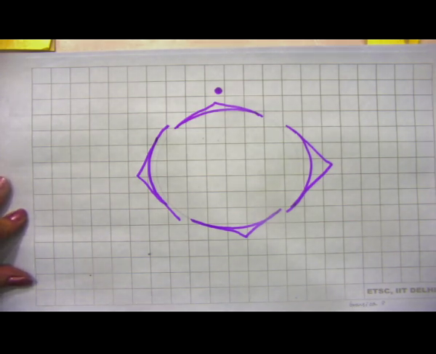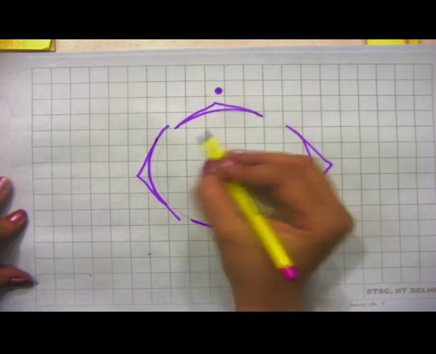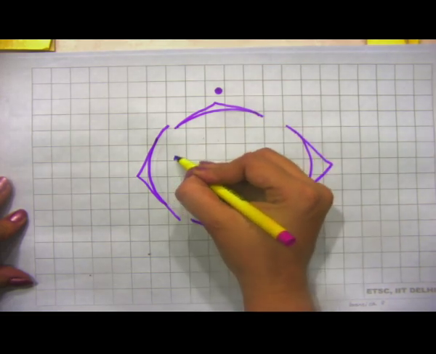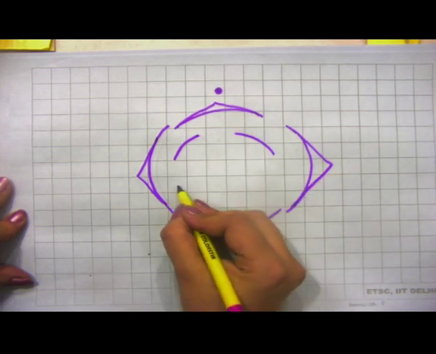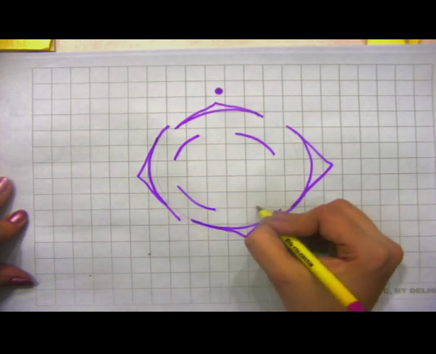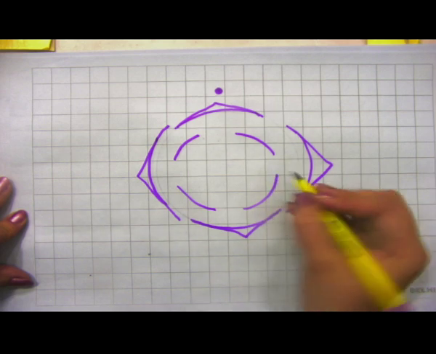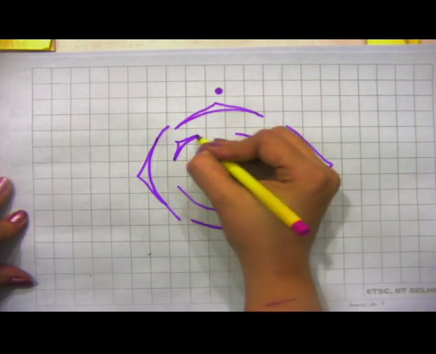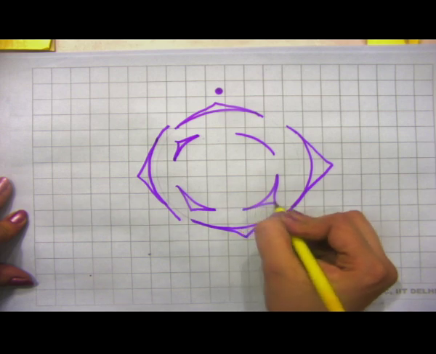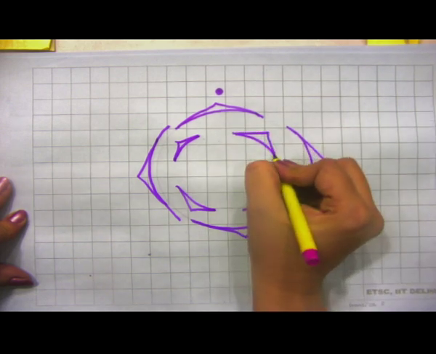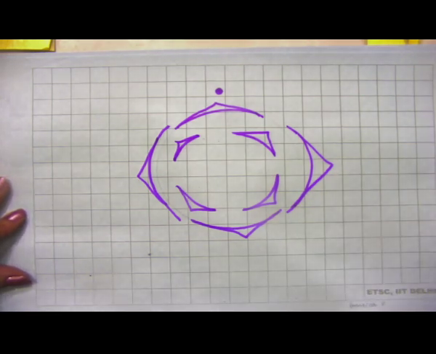Now we have to draw the 4 petals, that is the corolla. 1, 2, 3 and 4. This is how we have drawn the corolla here, 4 petals. Then the androecium with 6 stamens in such a manner that they are present in the order 2 plus 4.